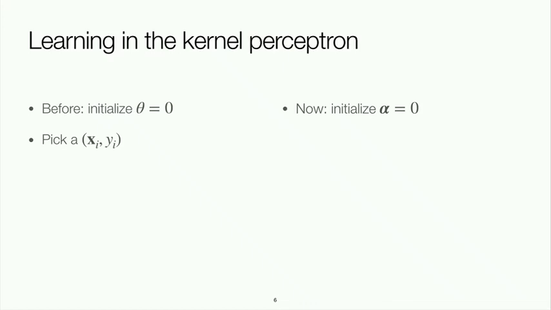Before, we picked some data point, and we're going to do the same thing here, nothing different about that. Then before, we said that if I misclassified that particular data point according to my current parameters, well, there's a little bit of a problem here because that step requires theta, and here I don't directly have a theta that I'm working with.